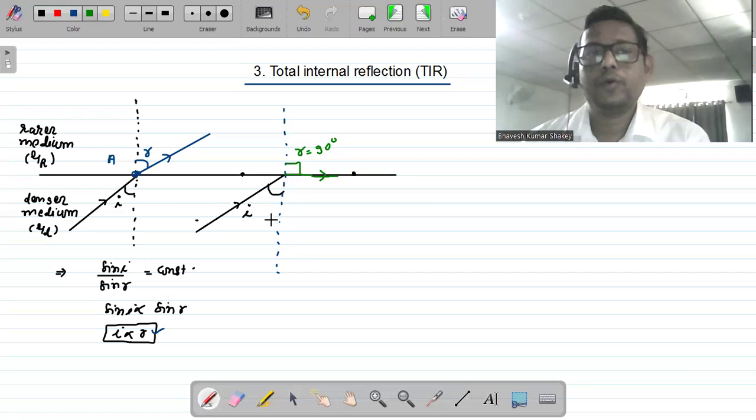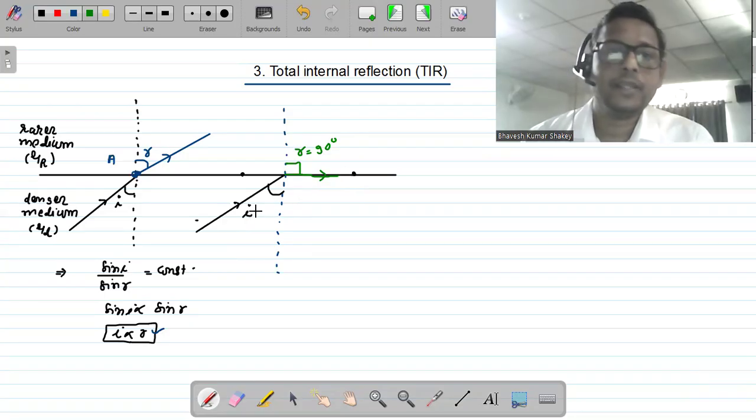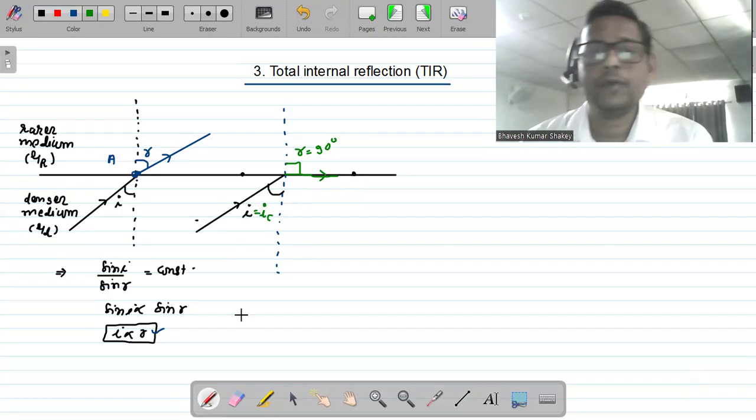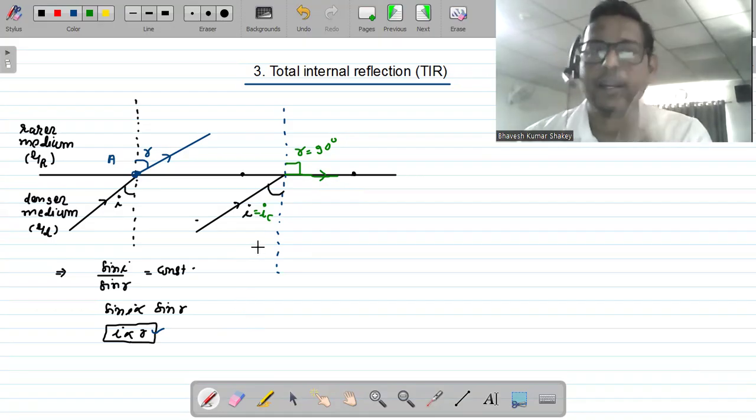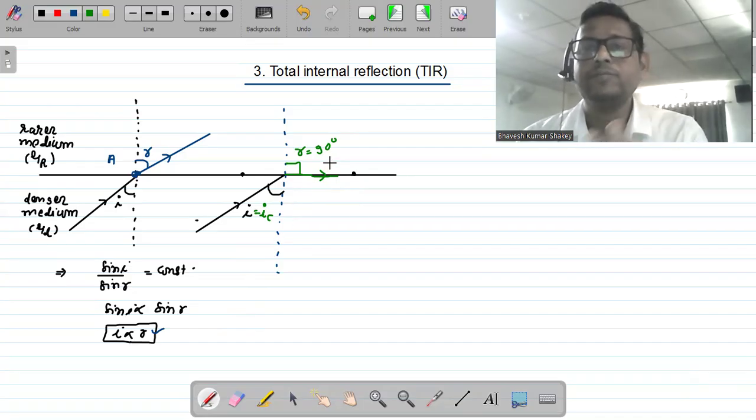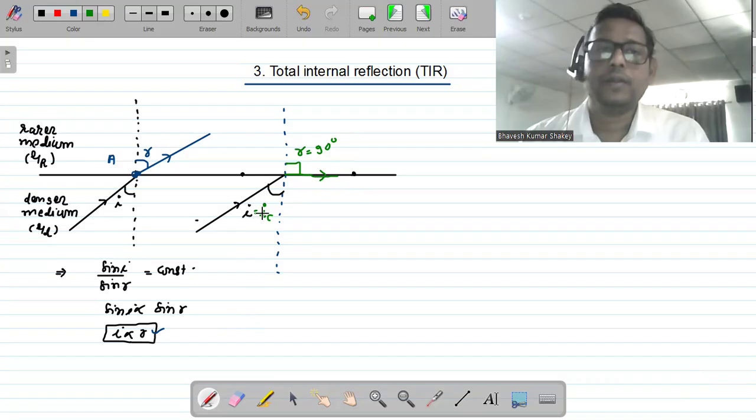So that value of angle of incidence at which the angle of refraction becomes 90 degrees is called the critical angle. Understand this? The value of angle of incidence at which the value of angle of refraction becomes 90 degrees, that angle is called the critical angle.